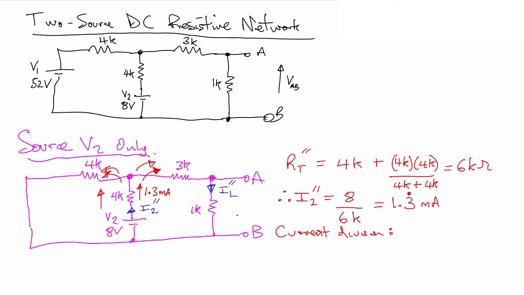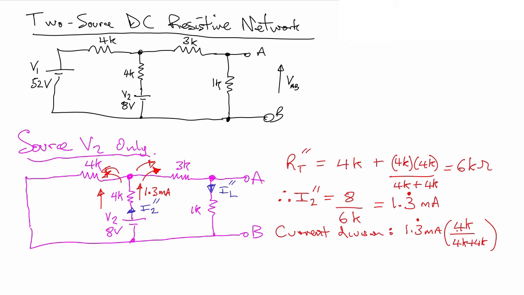Okay, and so what we do is we take the supply current to that junction, 1.3 recurring milliamps, times the other branch, so the branch that we're not interested in, which is 4K, all over the sum of the two branches, so 4K plus 4K. Which is obviously 4K over 8K.